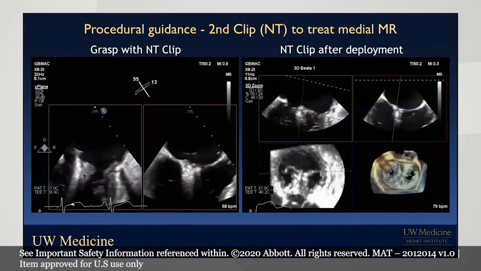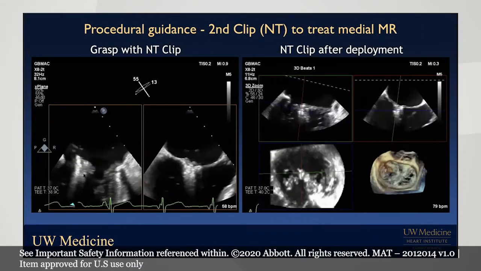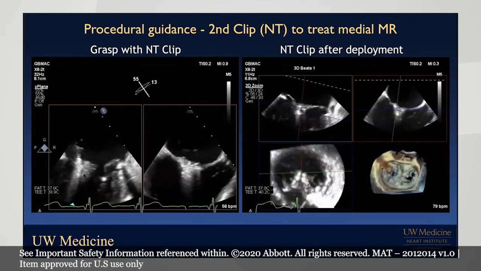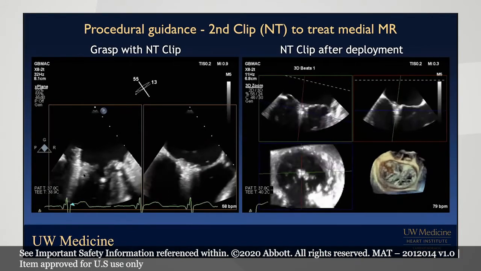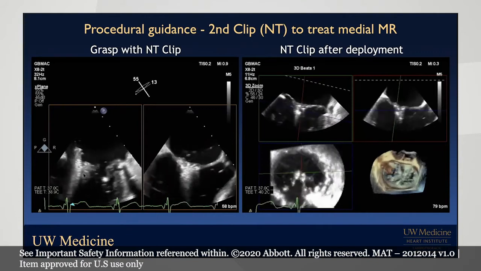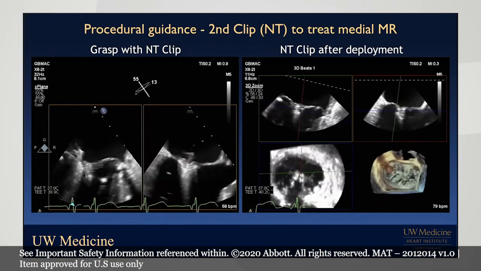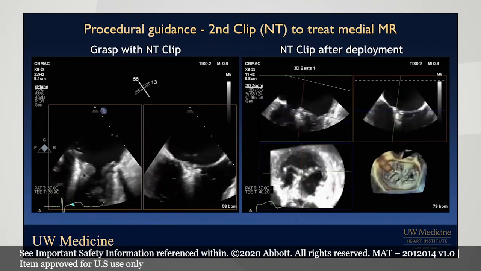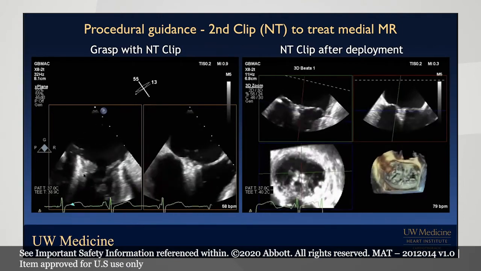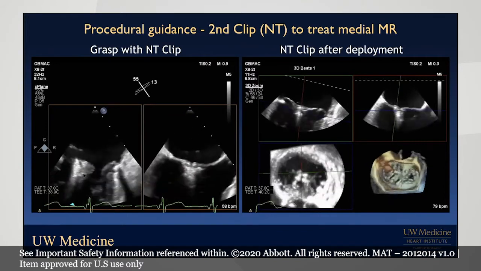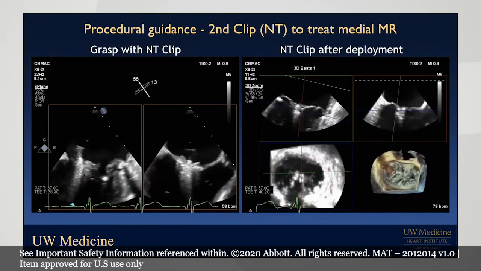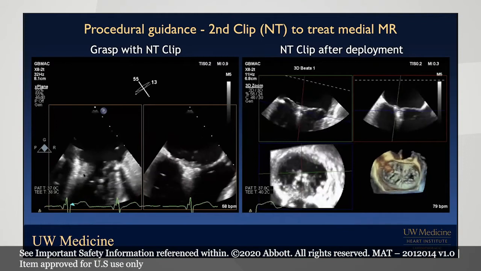Now this next image shows how we progressed. For the second clip, we decided to use an NT clip only. We didn't want to further reduce the mitral valve opening area unnecessarily. We placed that NT clip as close as possible to the initial XTW clip.